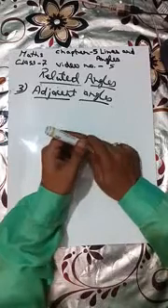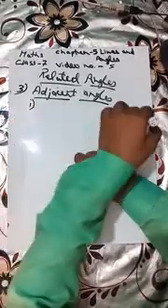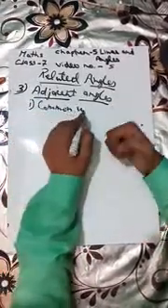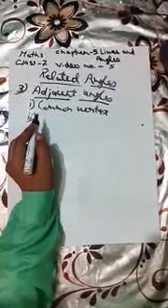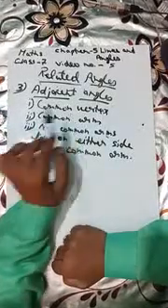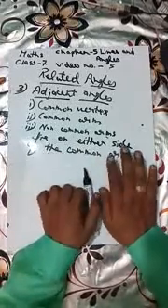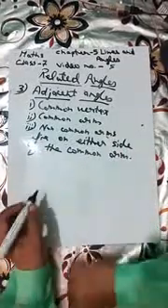Adjacent angles have a common vertex and a common arm, which I showed you with my hand as a common wall. And the non-common arms lie on either side of the common arm. Let us take one example here.